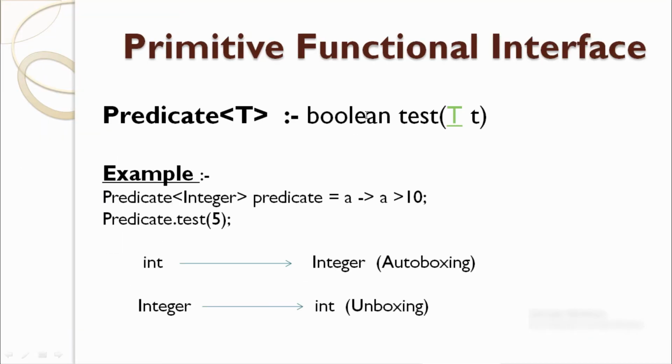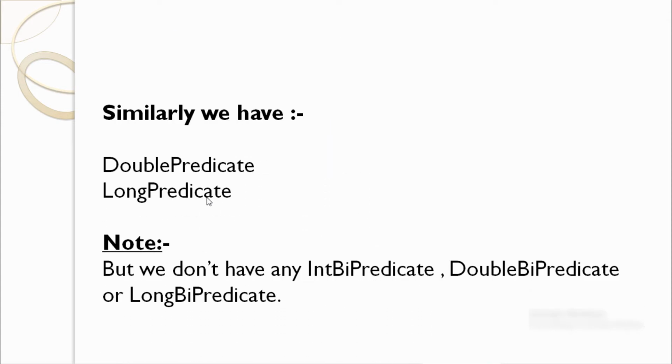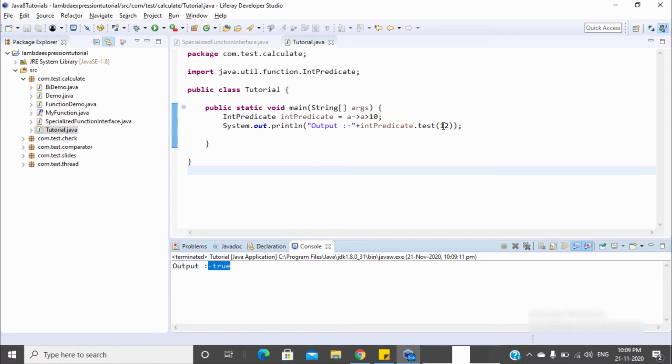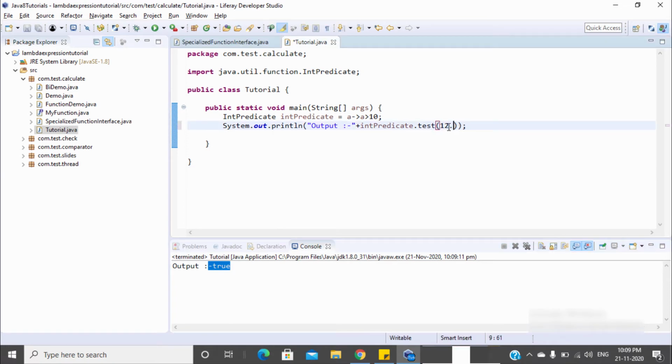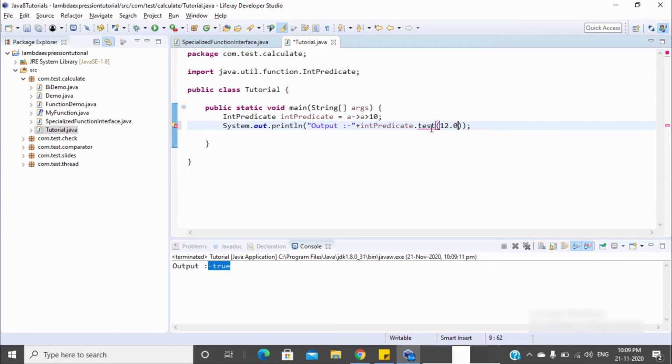In the previous example we passed a generic type, integer, string or double, anything, but now we have IntPredicate, so we don't need to pass this generic type, and we directly use IntPredicate or DoublePredicate or LongPredicate. If we pass a double value like .0, this will give me an error because we are using IntPredicate, so it always takes an integer value.